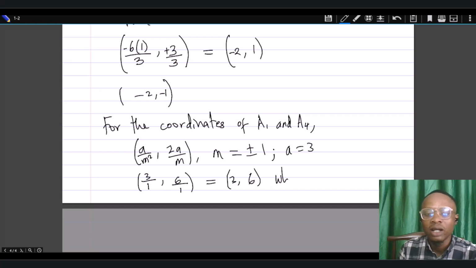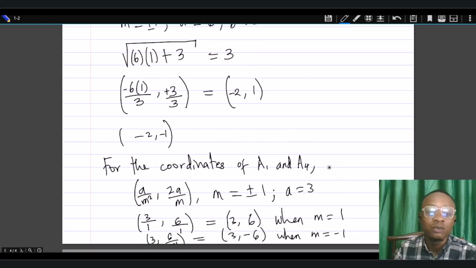And when m is equal to minus 1, a over m squared is still 3. Then 2a over m is 6 divided by minus 1, giving us 3 comma minus 6.